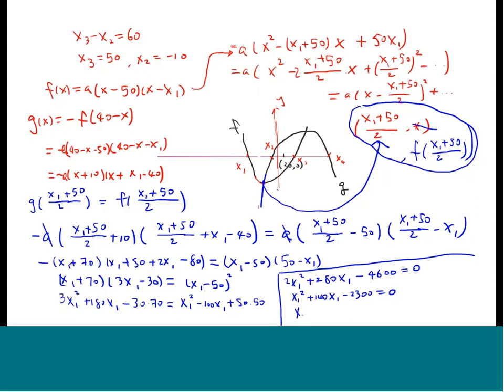So we get x1 equals minus 140. It has to be minus actually, because of the negative. Okay, divide by 2. Let me write it down there. Minus 140.